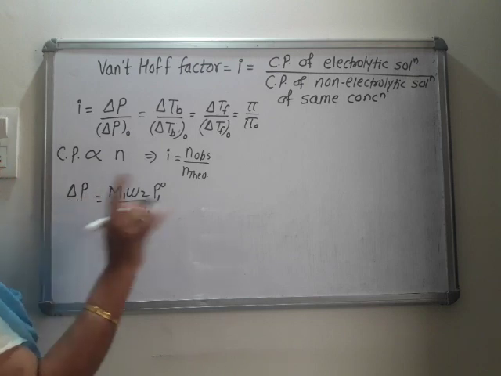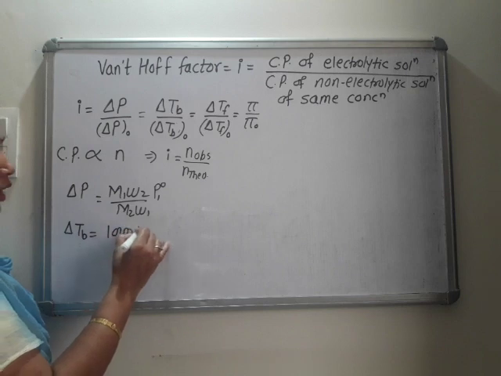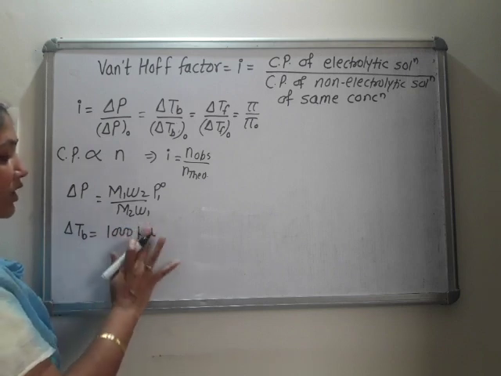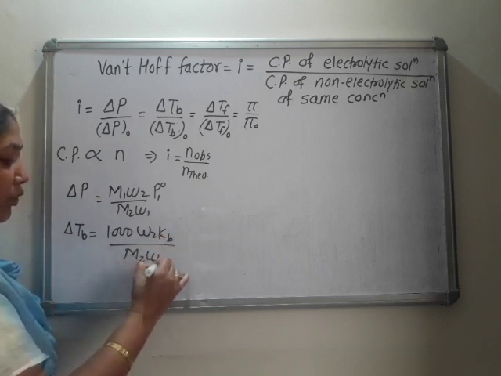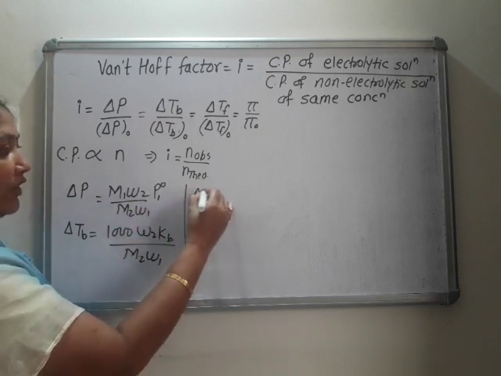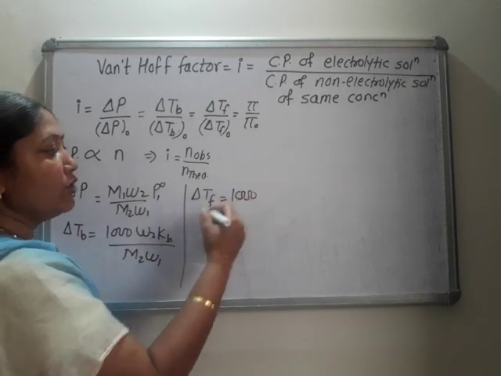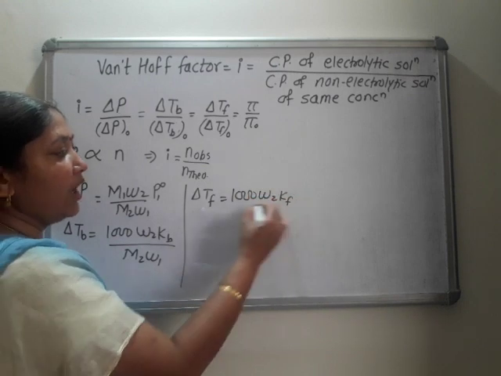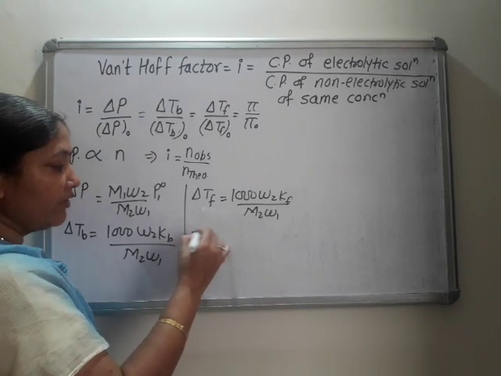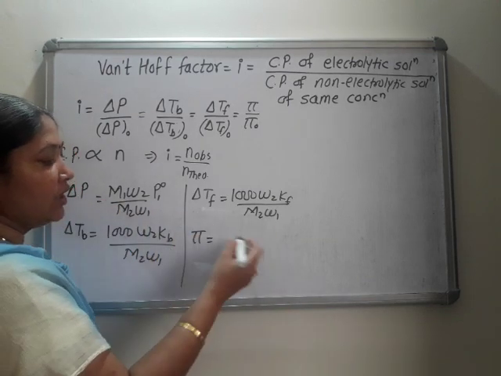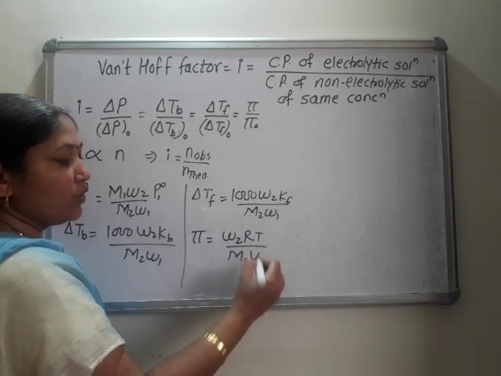The second equation was delta Tb equals 1000 W2 Kb upon M2 W1. The third, depression of freezing point, has the formula 1000 W2 Kf upon M2 W1. And the last property we studied, osmotic pressure: pi is equal to W2 RT upon M2 into V.